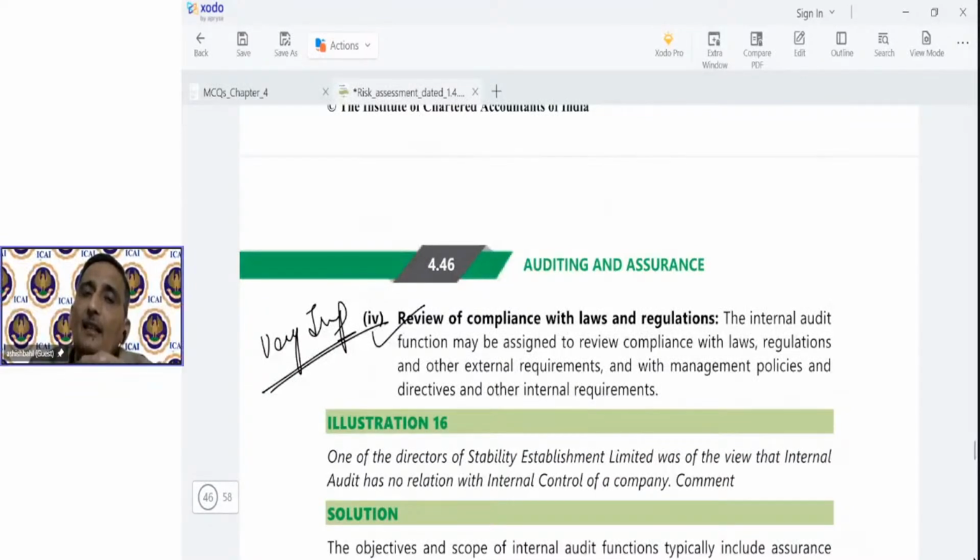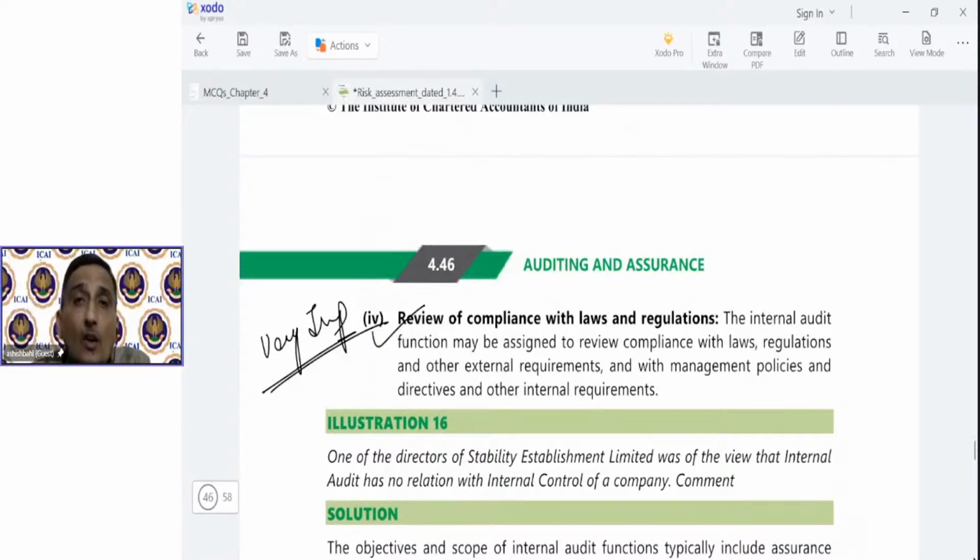Say that the company is not complying with these law provisions, then what would happen? These have got penal consequences. These violations involve a cost on the company. The cost may be financial and non-financial. It may be penalty and other penal consequences. So it is very important that a company is law compliant.